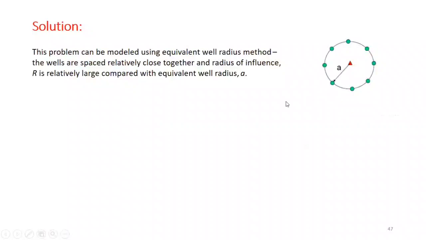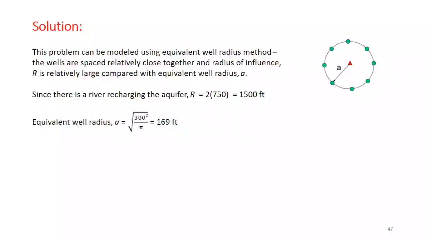Again, you can model it, because the formulations we have are for equivalent circular systems, so you can convert that into an equivalent radius, the well radius method. Like I said, there is a recharging system nearby, so the zone of influence would be twice the distance from the center to the recharge body. So 2 times 750 gives you 1500 feet.